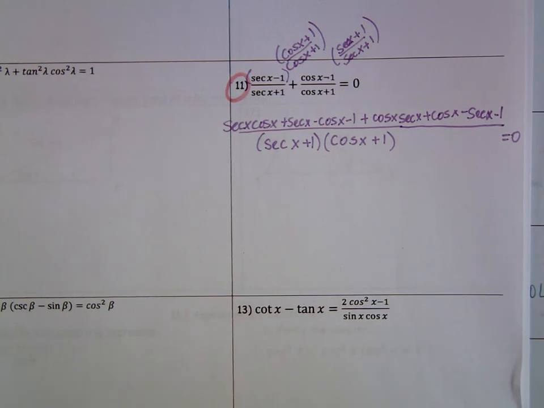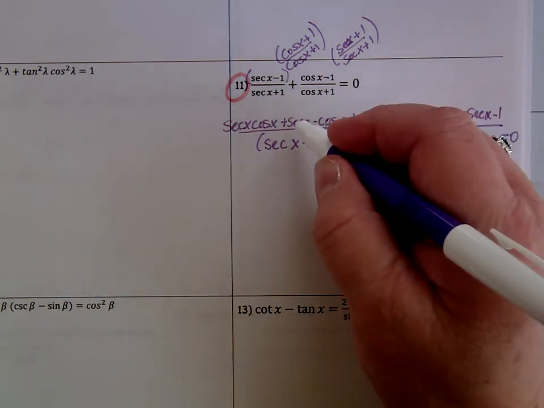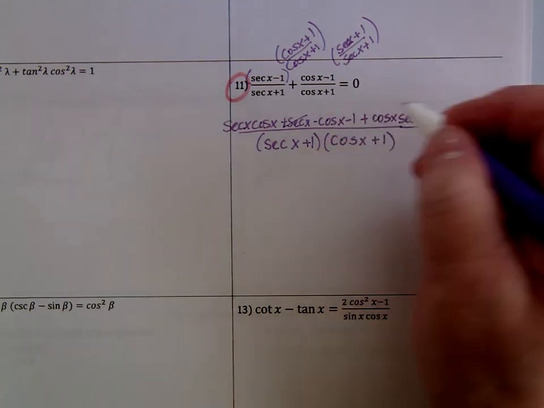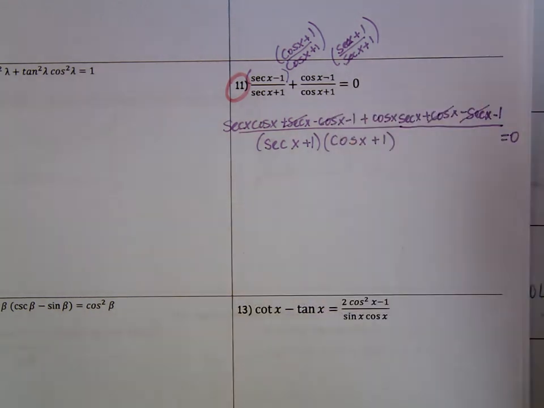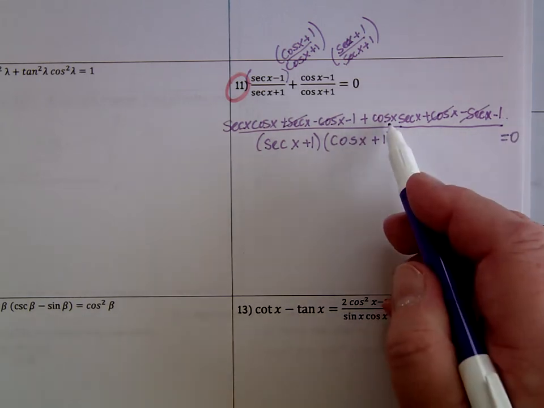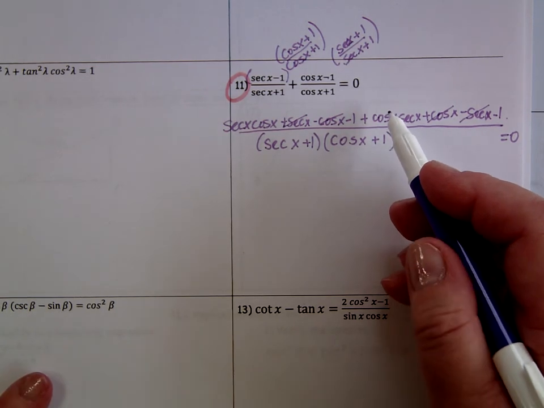Does anything cancel? And thankfully I do have some canceling things. So I have the secants are gone. Positive secant, negative secant. I have a positive cosine and a negative cosine. They're gone. But these are both negative 1s. And if I look at these guys, I end up with 2 of them, right?